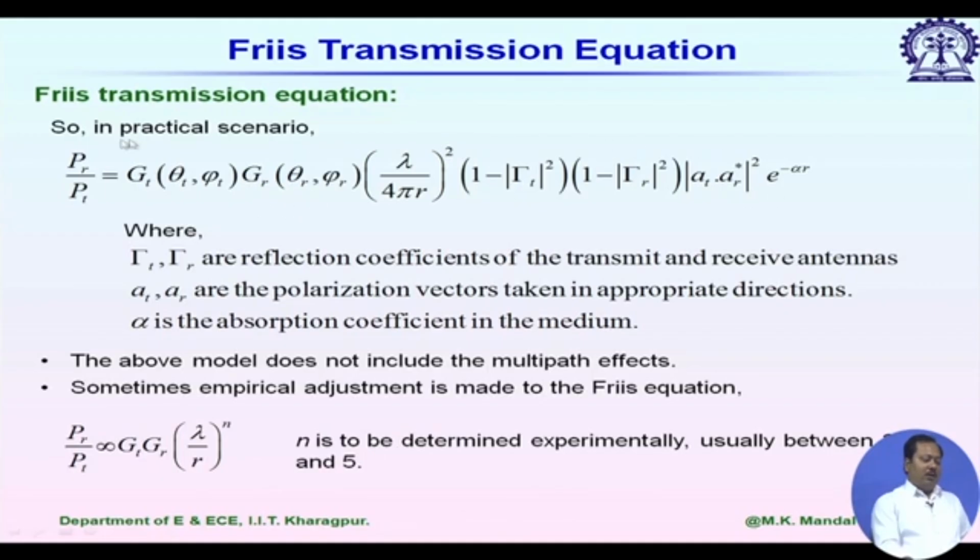But what are the factors which we did not consider in this equation? First of all, we did not include any multipath effect in this expression. That is a huge problem, because if I again consider the wireless communication system proposed for 5G, we have to model properly any indoor situation.